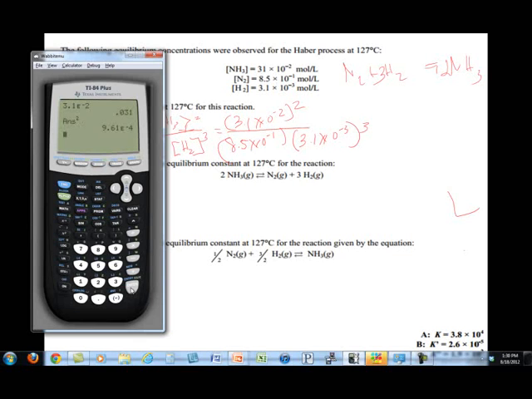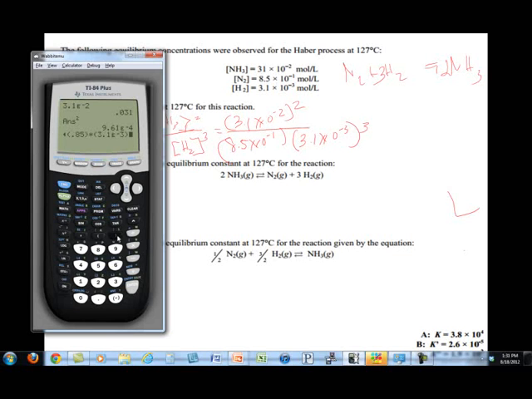Alright, divide by, and I over parenthesize, this is 0.85, close my parentheses, times, open my parentheses, 3.1 second EE minus 3, okay?